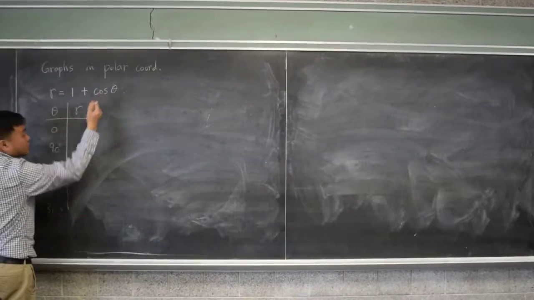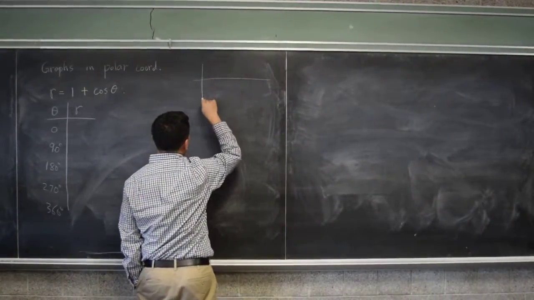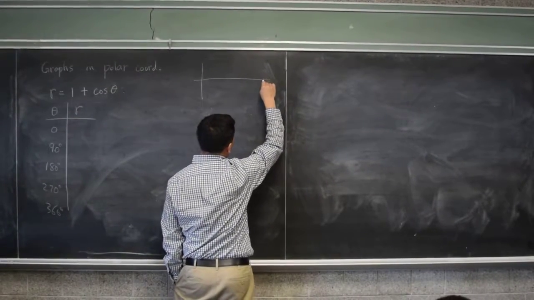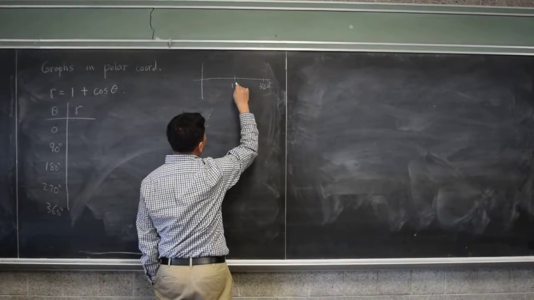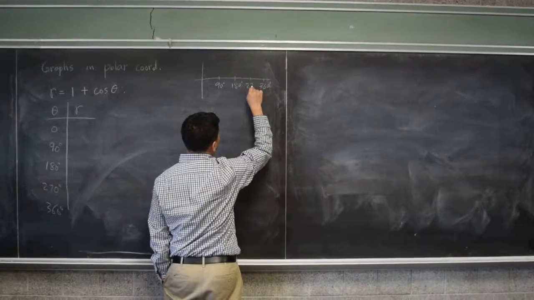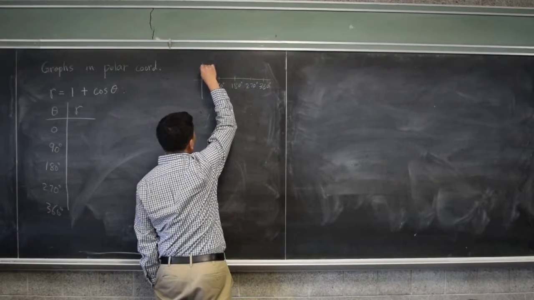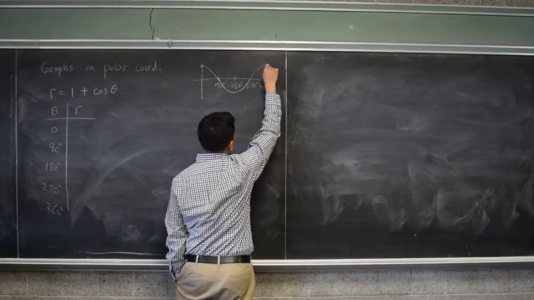Now 0, what's cosine of 0? Well, for those who forgot the values of the cosine, let me draw the cosine graph. 360, 180, 90, 270. Cosine starts from 1, 0, negative 1, 0, 1.